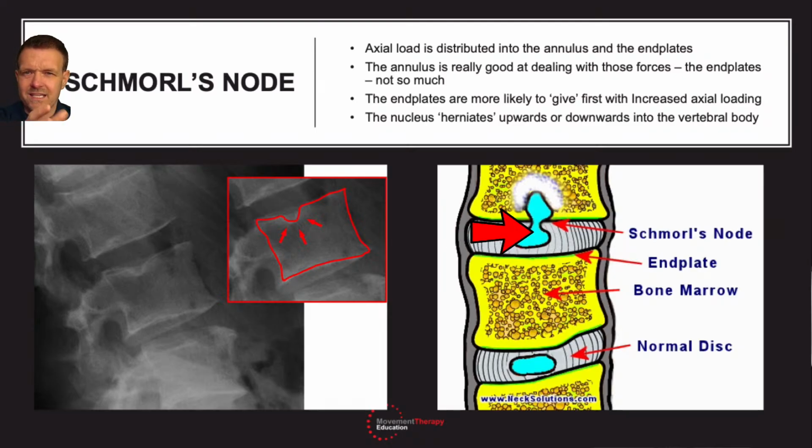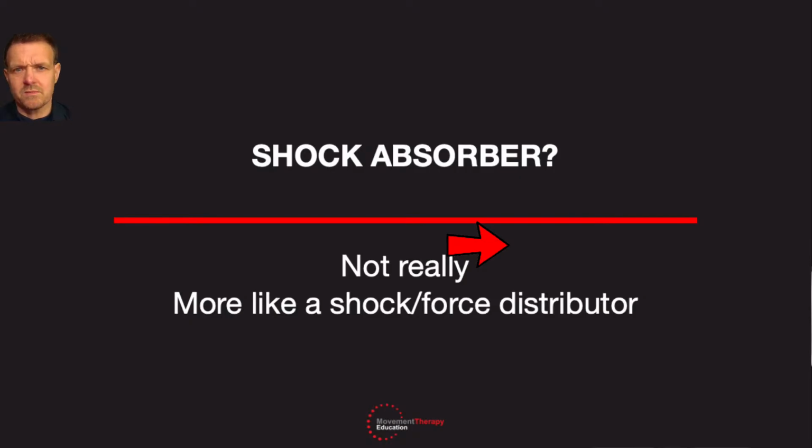So it's a mishmash of all the things that it's been in contact with if it does eventually herniate. And again, useful to know when we get onto the next bit, when we start looking at herniations and why we think things cause symptoms.